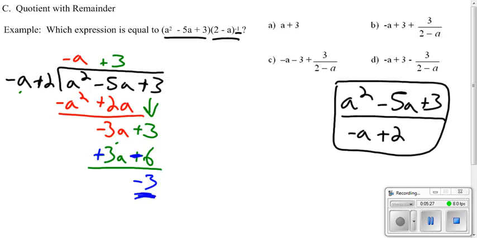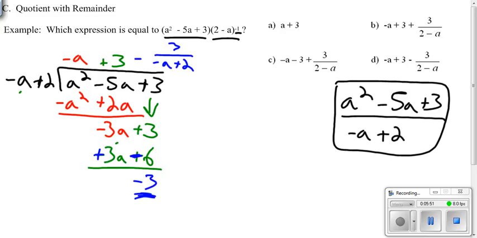Now just like before, we don't want to say remainder of negative 3. We're going to add our remainder over our divisor. Now we can also notice from here that since we have this negative out front, we can just get rid of it and make this one be a negative.